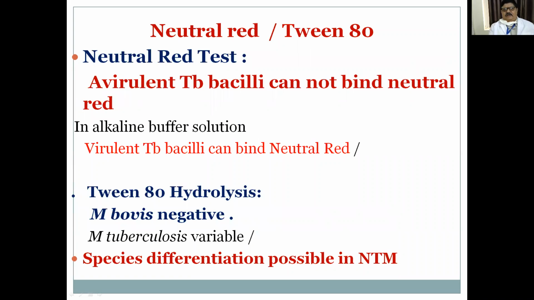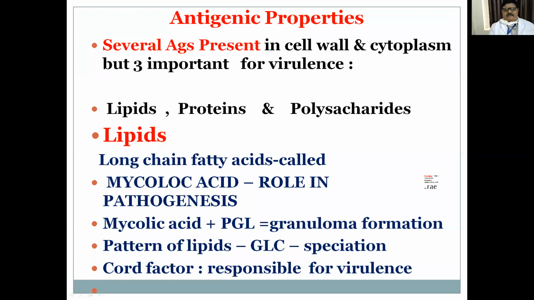Neutral red, avirulent TB bacilli cannot bind neutral red, whereas virulent bacilli can bind neutral red. Tween 80 hydrolysis is negative in case of Mycobacterium bovis, whereas tuberculosis is variable, and also species differentiation is possible in non-tuberculous Mycobacterium.